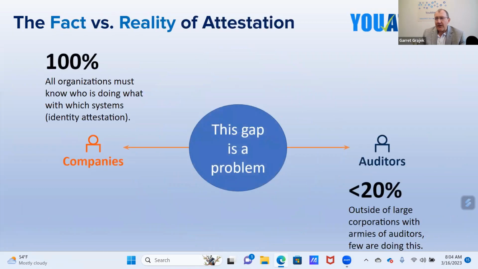Okay, now let me say where we're at and where we need to go. For enterprises, there are solutions out there other than YouAttest that do a great job of doing these attestations and this concept of the principle of least privilege. The problem is, they cost 7 figures.